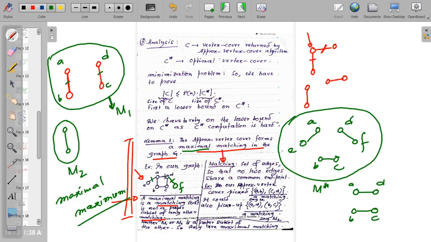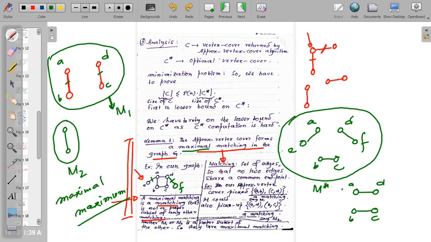Whenever I take AD, then this edge I cannot include, this edge I cannot include, this edge I cannot include, because they will be sharing a common endpoint, and I am not doing that. Now BC: whenever I include AD, that is not covering the edge BC, so BC can be taken in this matching.